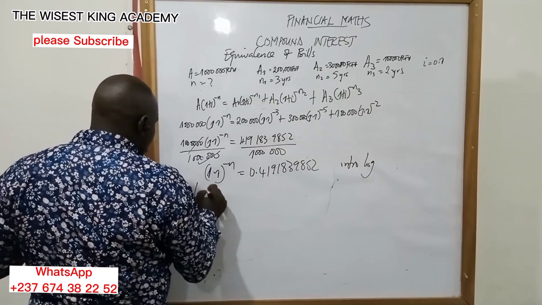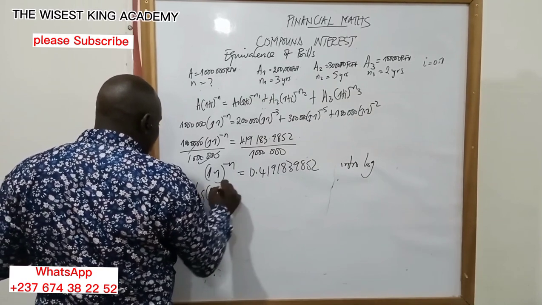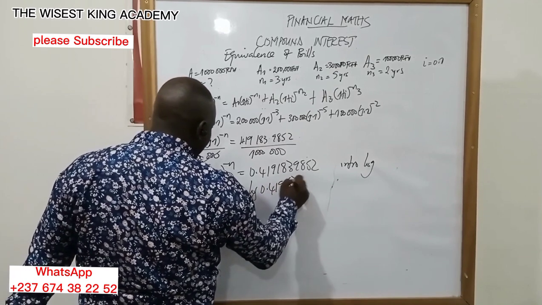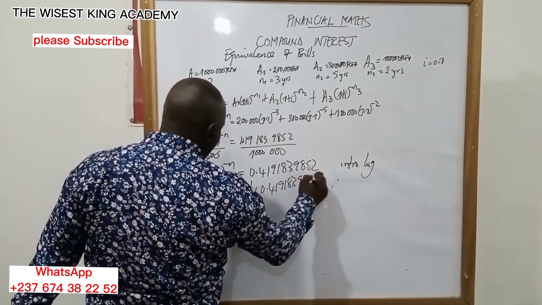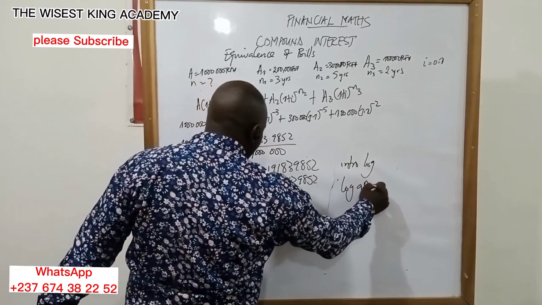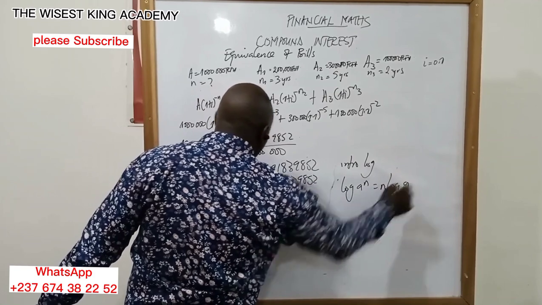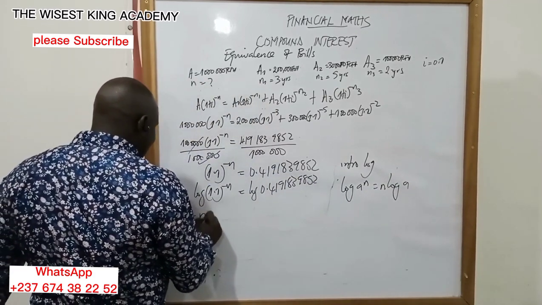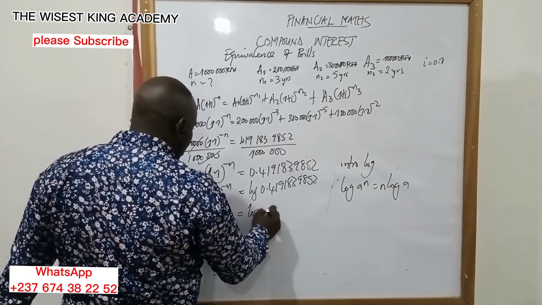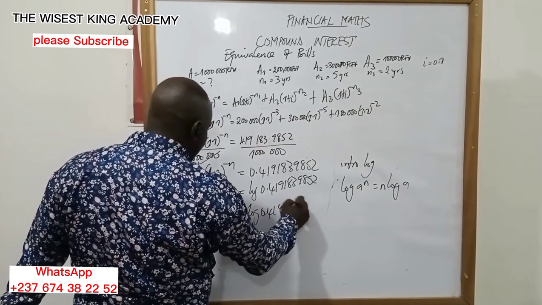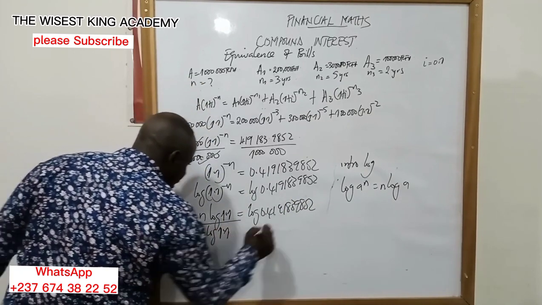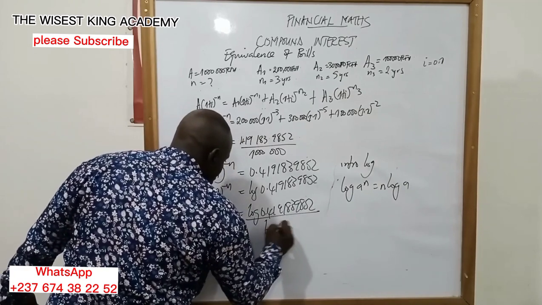So the next thing I do, I introduce log. That gives me log of 1.1 raised to the power negative n equals log of 0.41918399852. Don't forget, log a to the power n is equal to n log a. So we have negative n log 1.1 equals log 0.41918399852, divided by log 1.1.